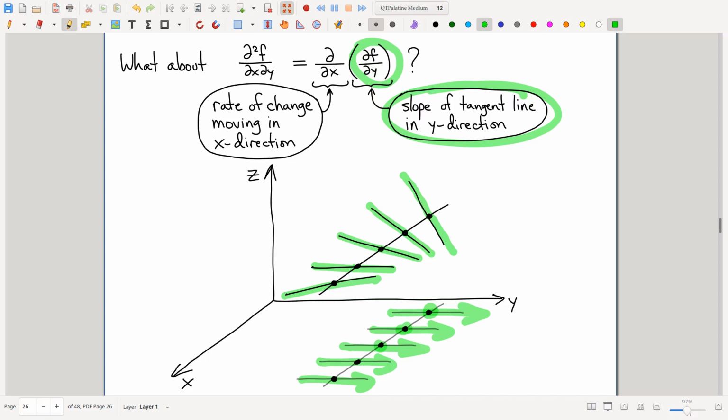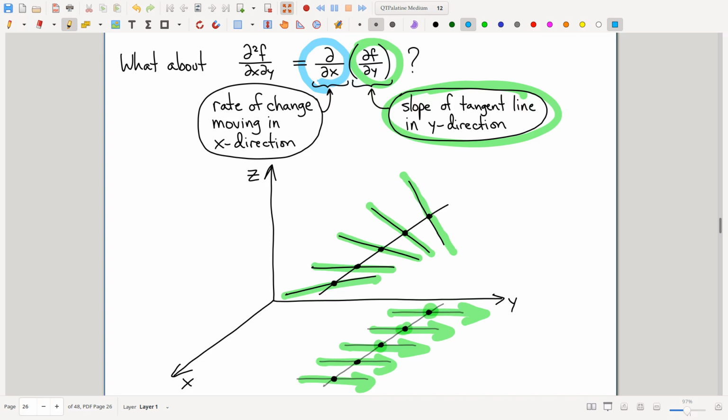Okay, next question. How do I interpret the x partial of the y partial? Now here's where a lot of students mess up. The first thought is, oh yeah, okay, x partial, that means slope in the x direction. Not here.